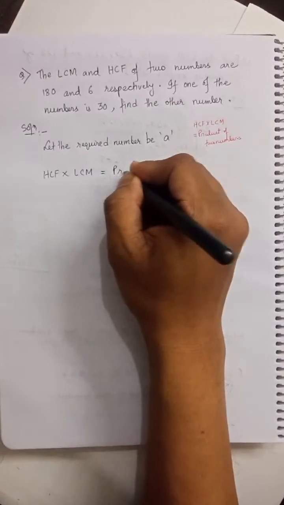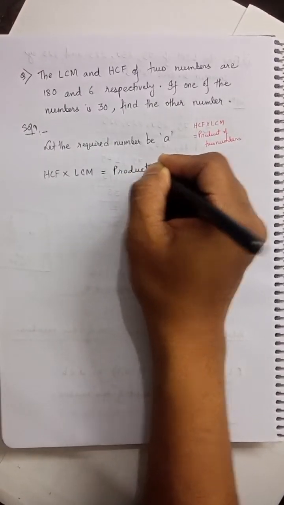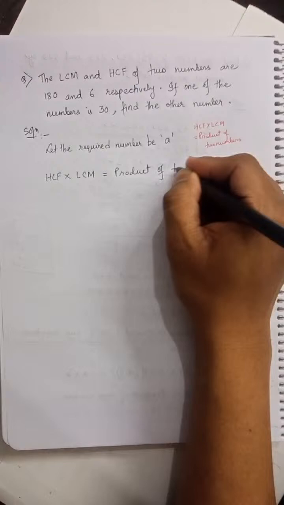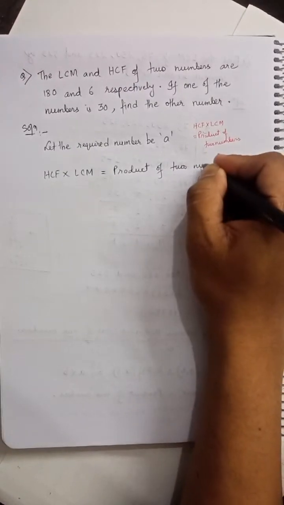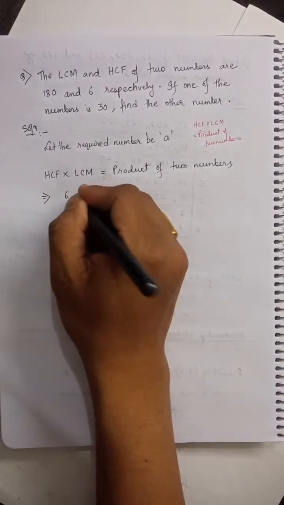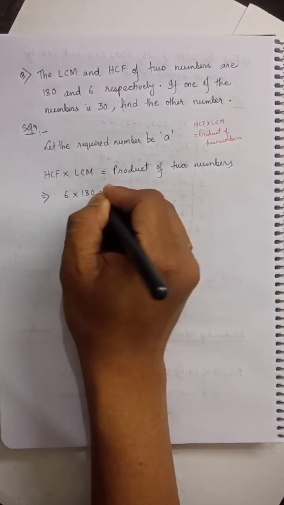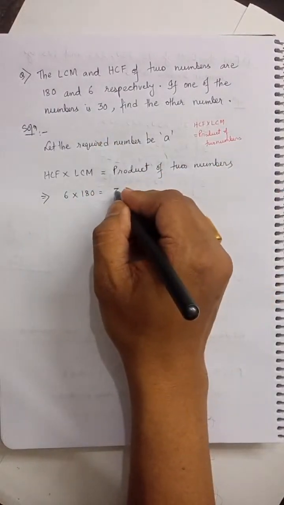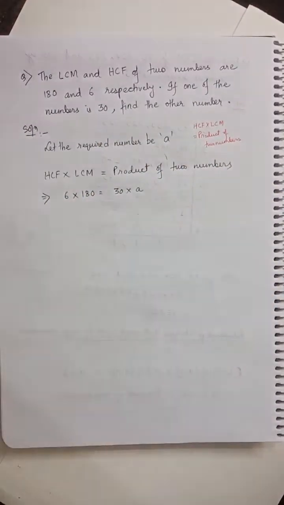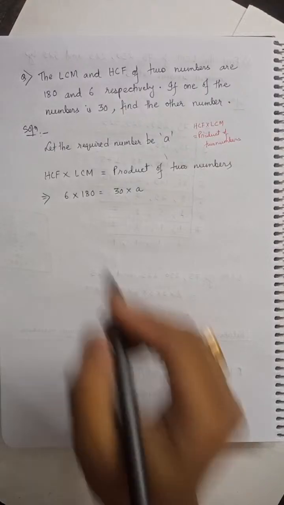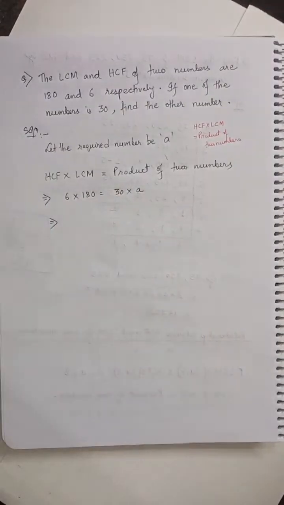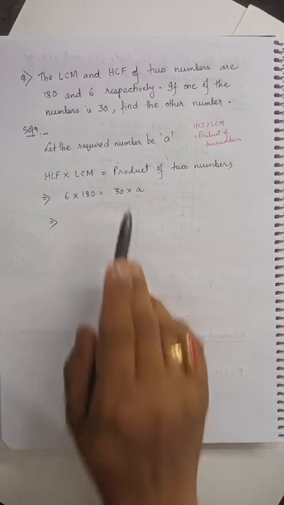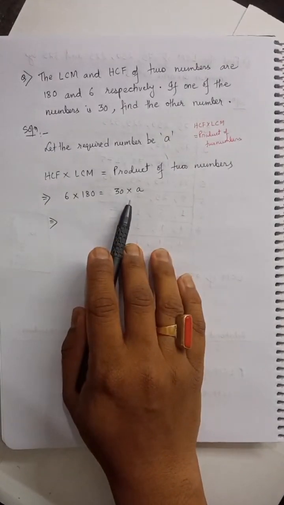The product of two numbers. So HCF is 6, LCM is 180, and one of the numbers is 30 and the other number is a, so we'll write 30 into a. Okay, so what we have to do, we have to transpose this 30 to the right hand side of the equation.